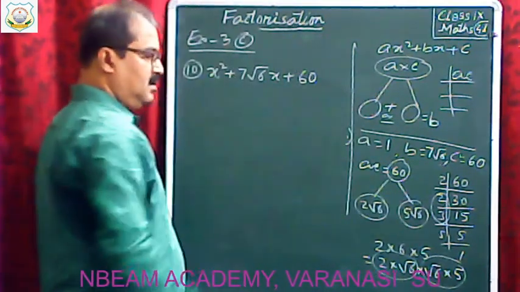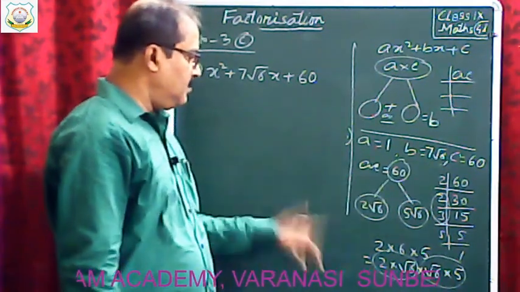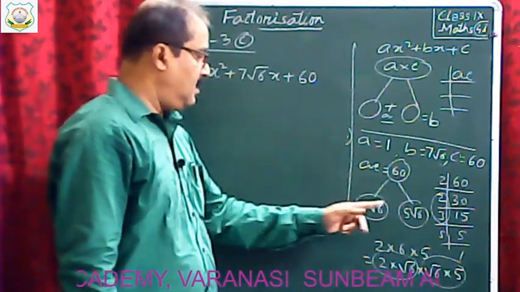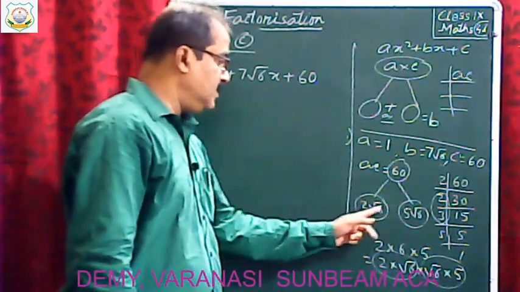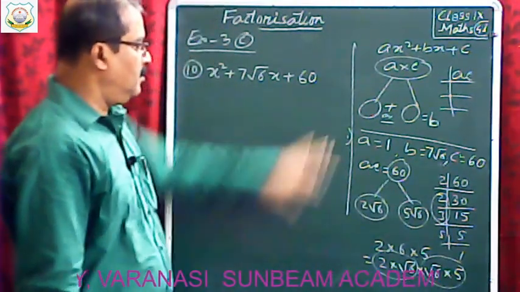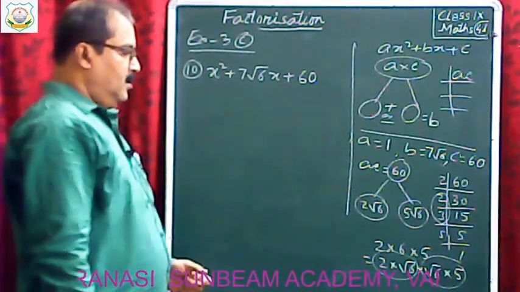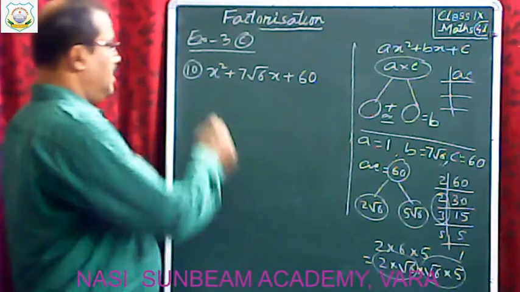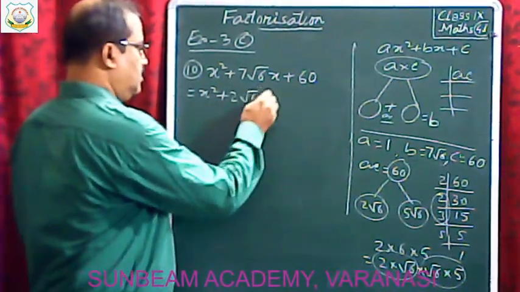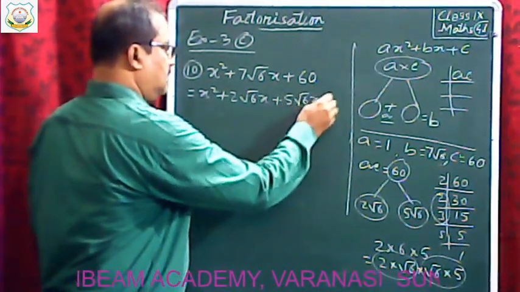After adding we get 7 root 6, that is B. And after multiplication, 5 into 2 is 10, root 6 into root 6 is 6, 10 into 6, 60 again we get. In this way you have to check by reversing. Clear? So I have to write x square plus 2 root 6 x plus 5 root 6 x plus 60.